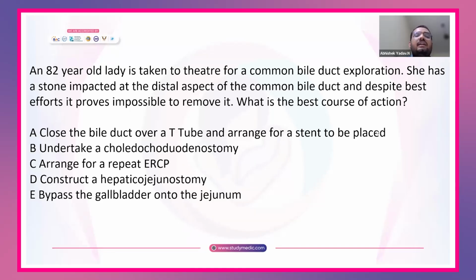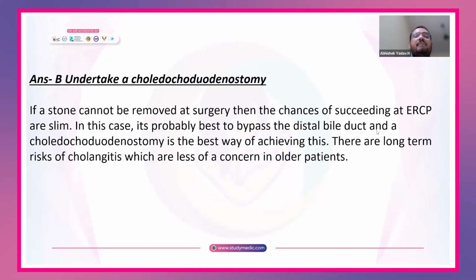Constructing a hepaticojejunostomy is also good, but it's better to take choledochoduodenostomy, connecting the bile duct to the second or third part of the duodenum, which is how you drain the stones. In this case, bypassing the distal bile duct with choledochoduodenostomy is the best way of achieving this.